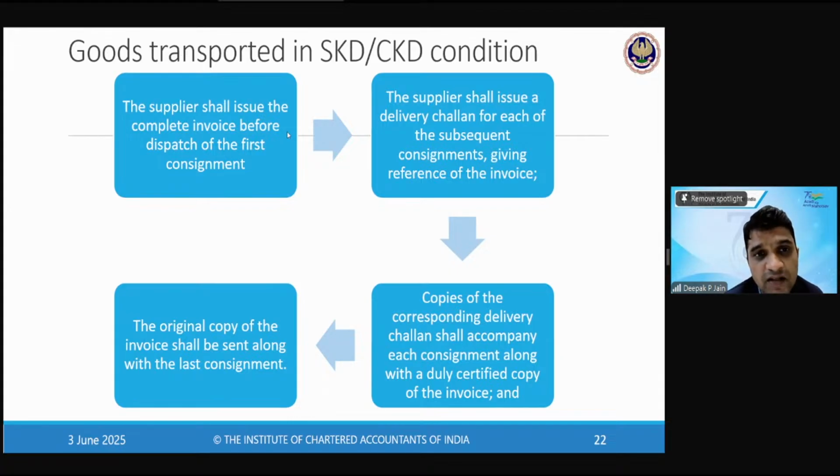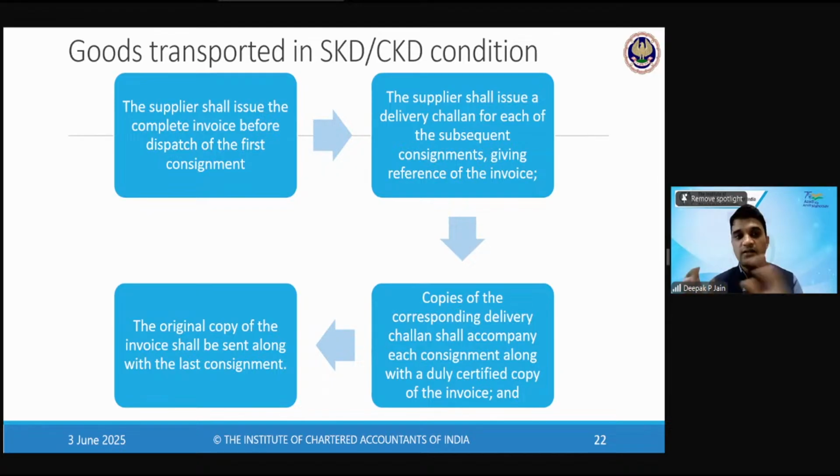So when the supplier issues the invoice, he shall issue the complete invoice before dispatch of the first consignment. Then the supplier will issue a delivery challan for each. He will first raise the invoice for each lorry, because these products are not going in one vehicle. It is going in multiple vehicles.